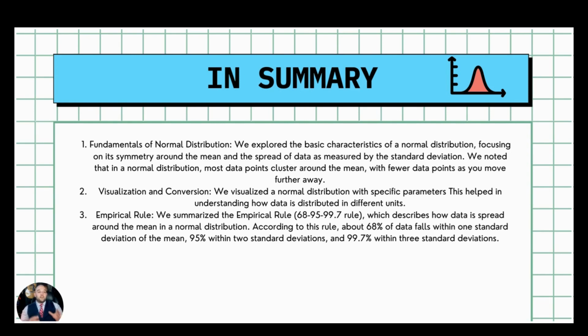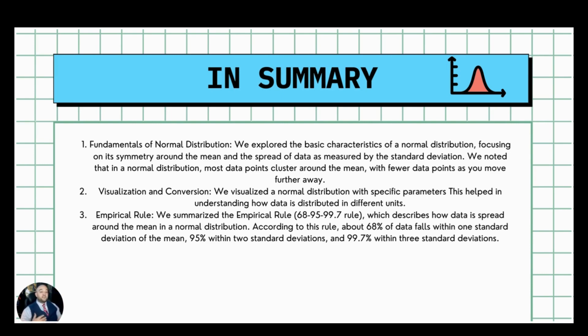In summary, on the fundamentals of a normal distribution, we explored the basic characteristics of a normal distribution, focusing on symmetry around the mean and spread of data as measured by the standard deviation. We noted that in a normal distribution, most data points cluster around the mean, with fewer points as you start to move away. We talked about visualizing a normal distribution with specification parameters.